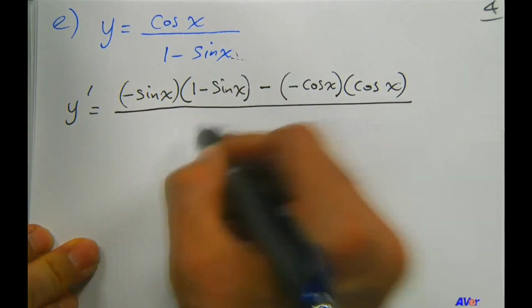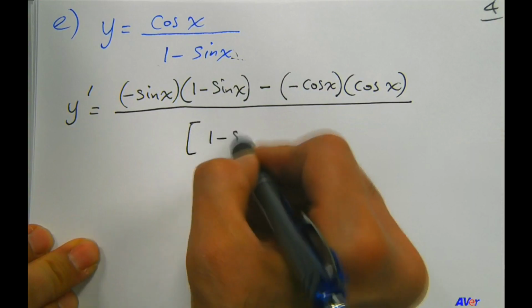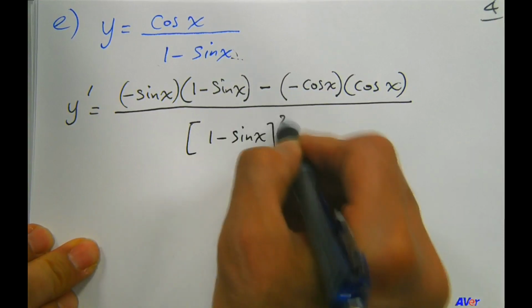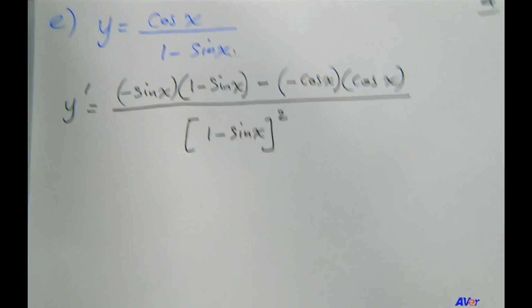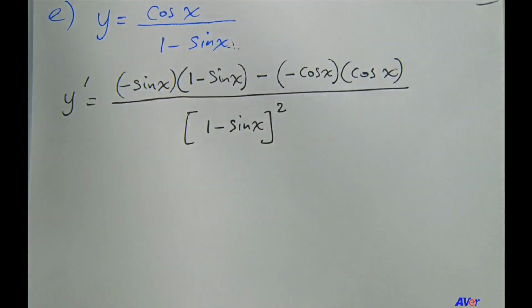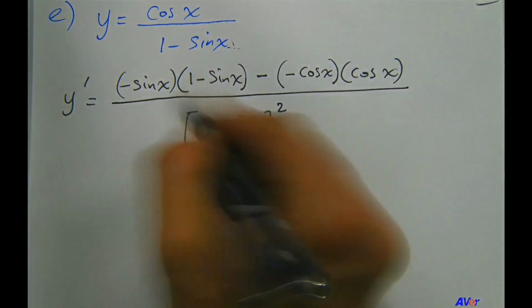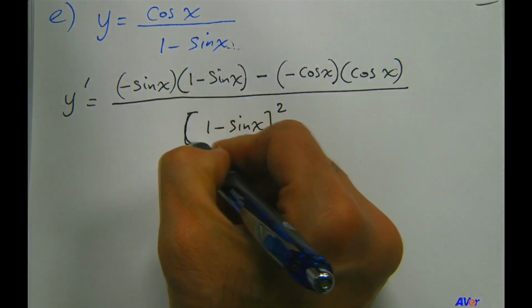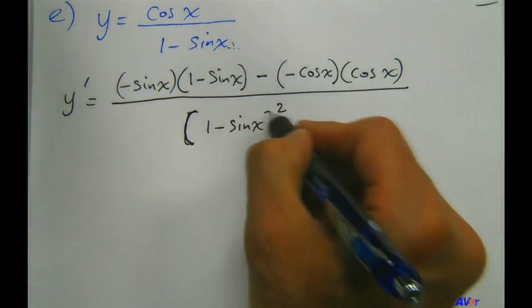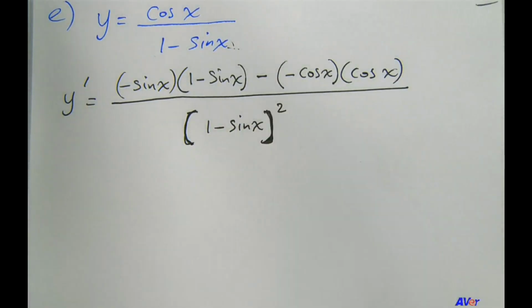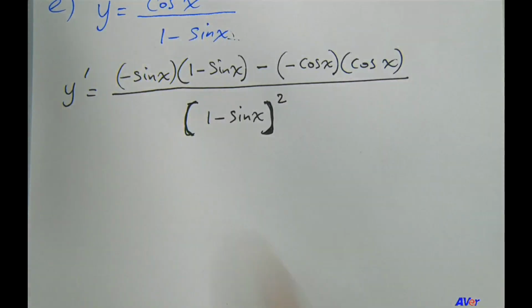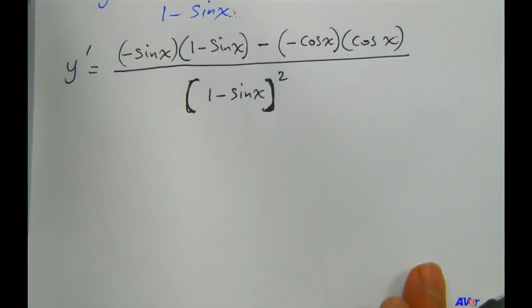All of that divided by that, 1 minus sine of x squared. Okay, so, or the parentheses, maybe this should have been parentheses, like that.